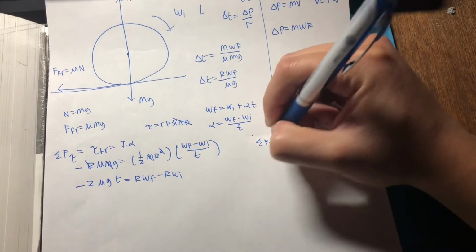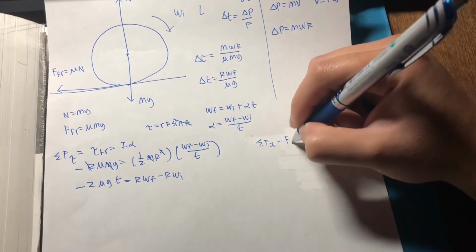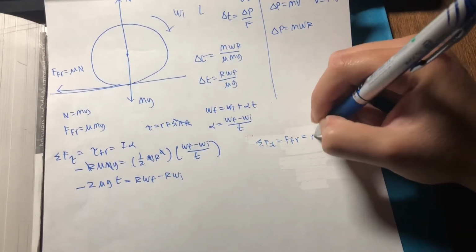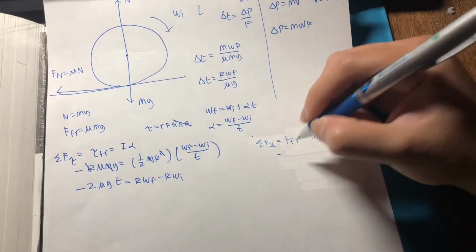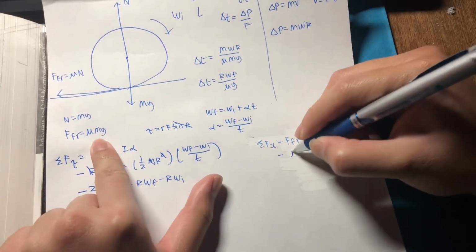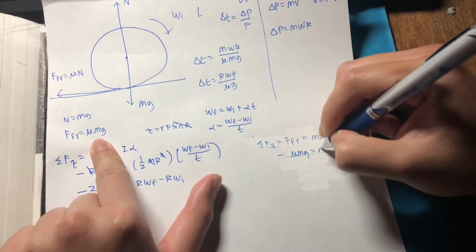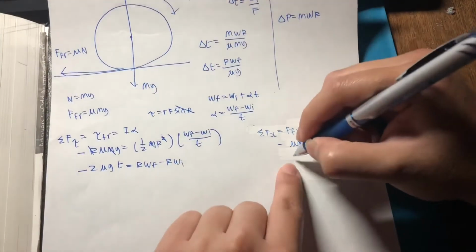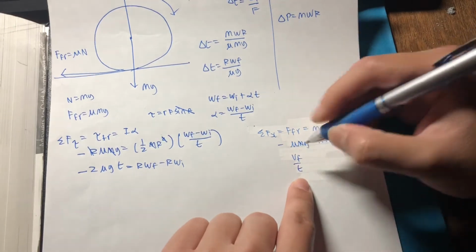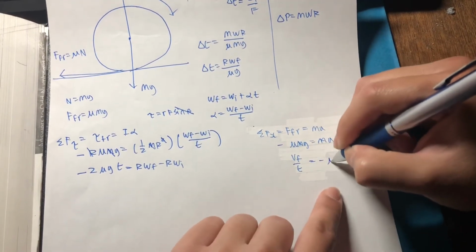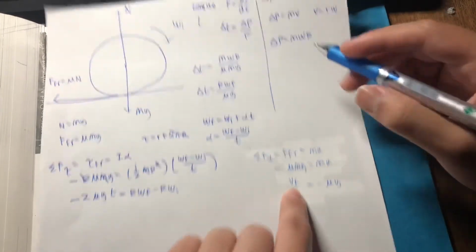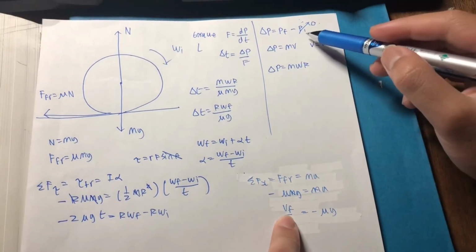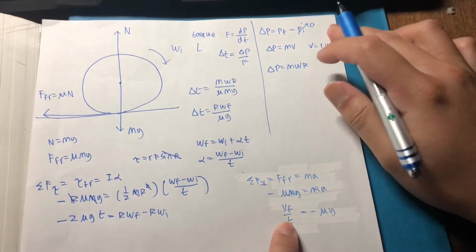You'll get the force due to friction equals ma, or negative mu mg equals ma. Cancel out the masses. You can rewrite acceleration as final velocity over time, and you can set that equal to negative mu g. Final velocity, because we only care about final, because we already ruled out that initial doesn't matter.